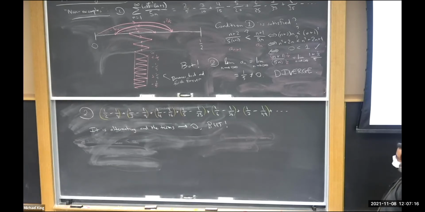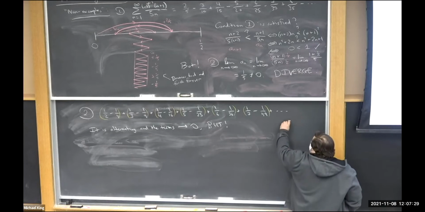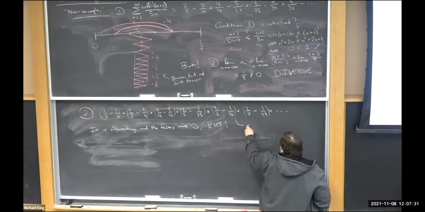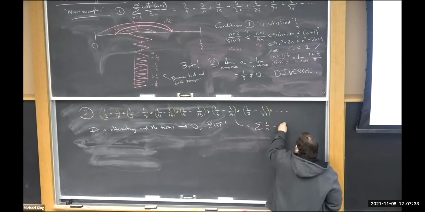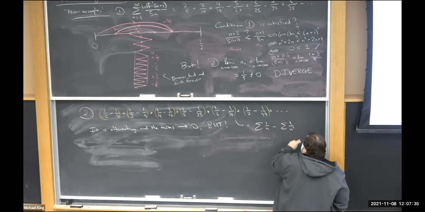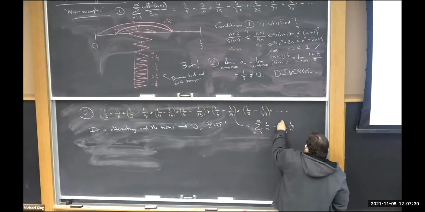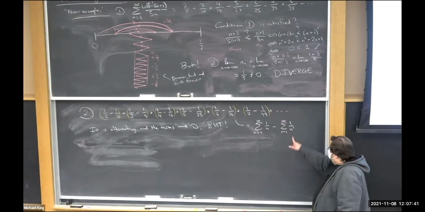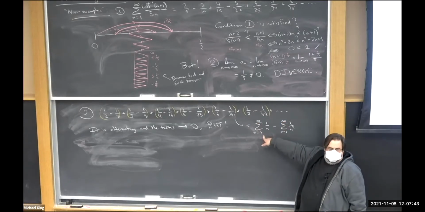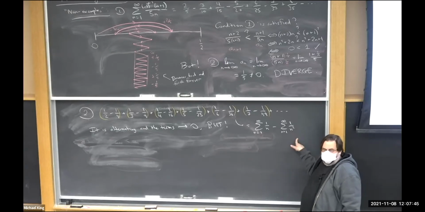And it has to diverge because it's basically the p equals 1 p-test series minus the p equals 2 p-test series, right? You could rearrange this as the sum of 1 over n minus the sum of 1 over n squared. And this converges, but this diverges. This is infinite, this is finite.